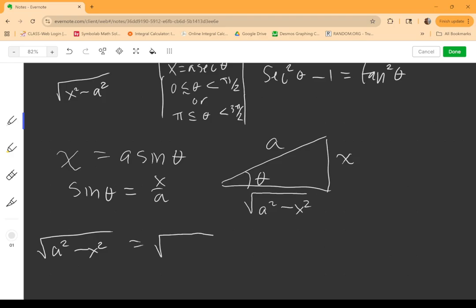then when we make the substitution x equals a sine theta, we get a squared minus a squared sine squared theta. We can factor out an a squared, take the root of it, so we'll get a root of 1 minus sine squared theta. And again, the Pythagorean identity gives us cosine squared, and the root of that is a absolute cosine theta.